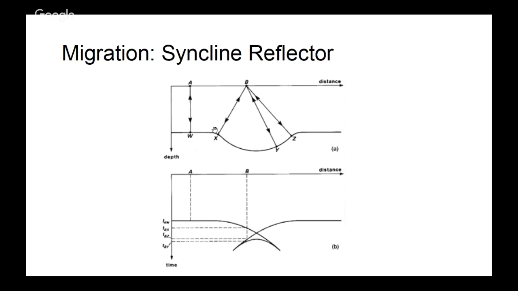And since it's the syncline, that's our shortest travel path in this plot. And then if we look here at B, it looks like we have X, Z, and Y. X is the shortest path, Z is the next shortest, and then Y would be the longest one of those. Does that make sense? Yeah.